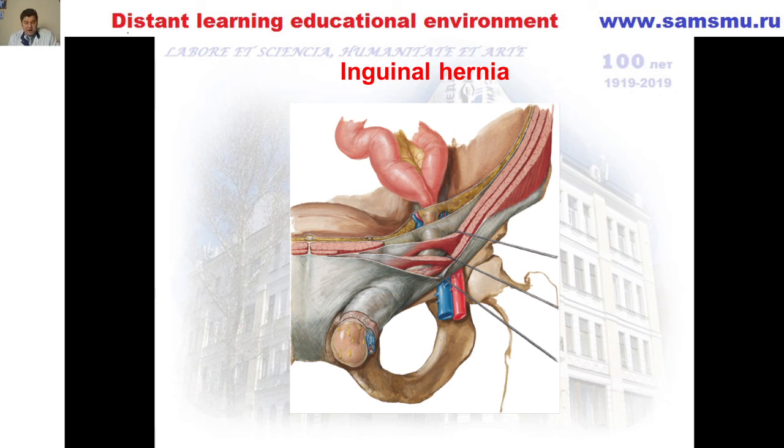The peritoneum covering these walls forms two inguinal fossae. You may see the peritoneum here, separated by vertical folds of the peritoneum called umbilical folds.